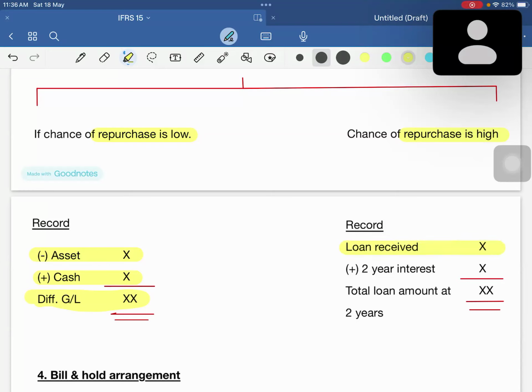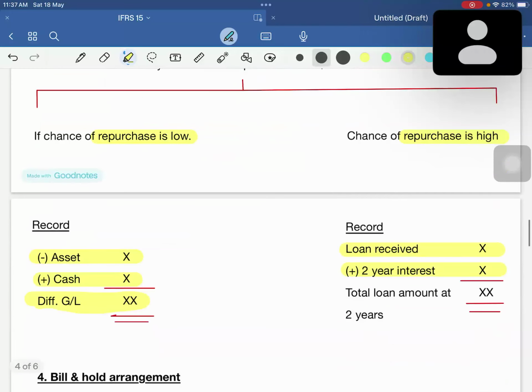If the repurchase is very high, then it is going to be for more than the amount that you sold for, right? So whatever the excess amount is, you're going to take it as interest. In this case, it is going to be a 2-year interest, and the total money is going to be your total loan. Understood?